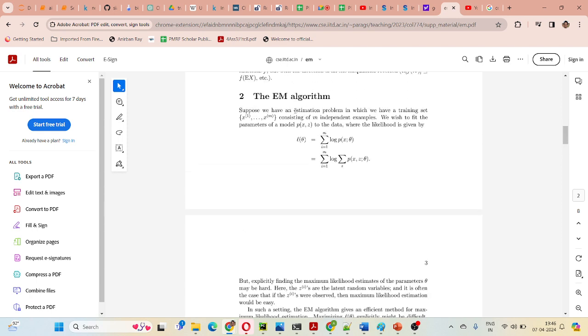We have an estimation problem. We need to estimate the parameters so that we can train and infer based on those. So we have this parameter model.